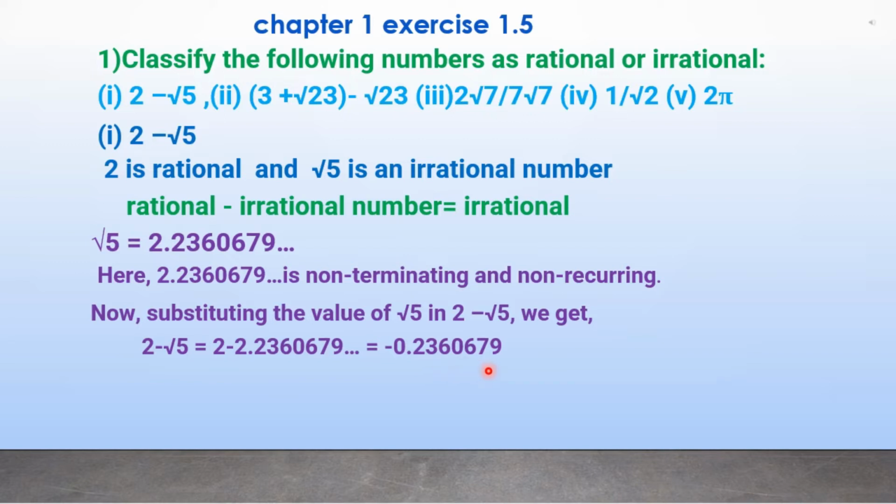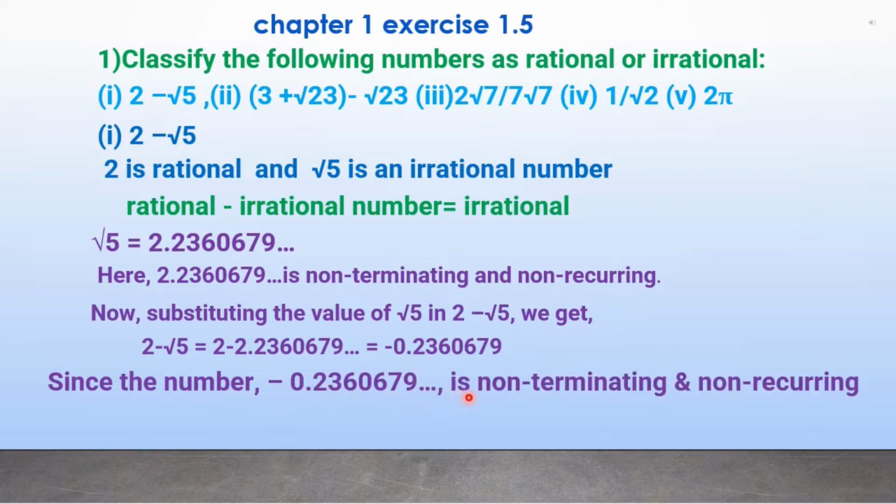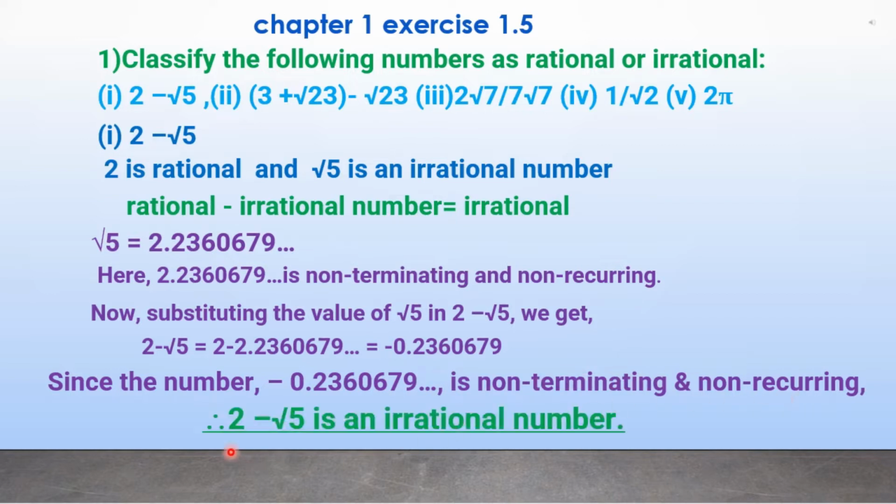Since the number minus 0.2360679 and so on is non-terminating and non-recurring, therefore 2 minus square root of 5 is an irrational number.